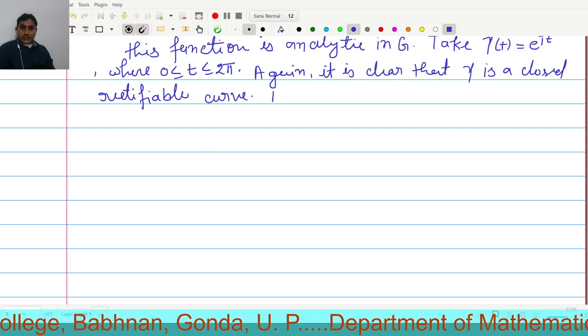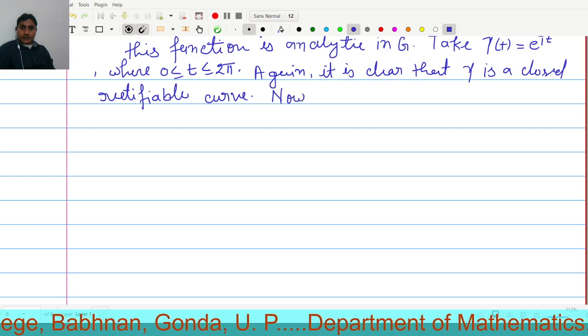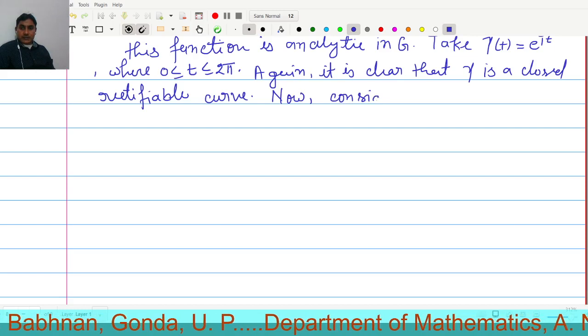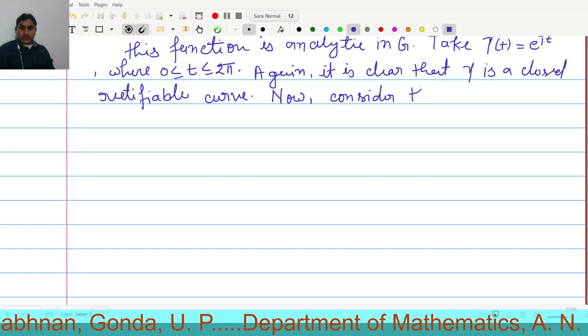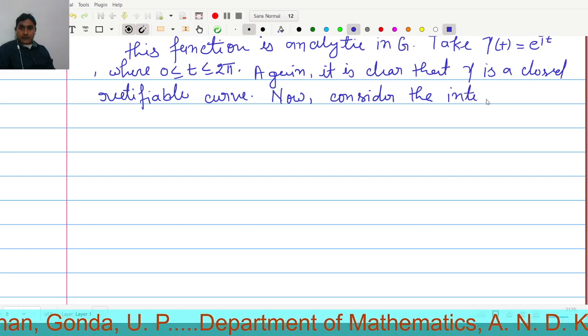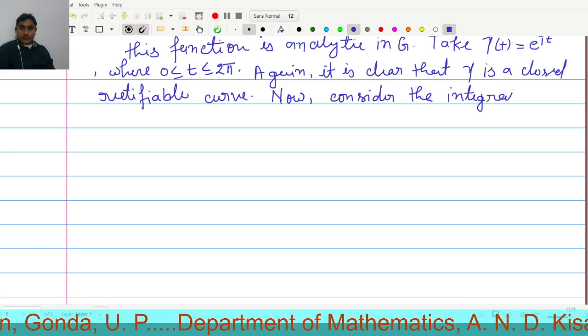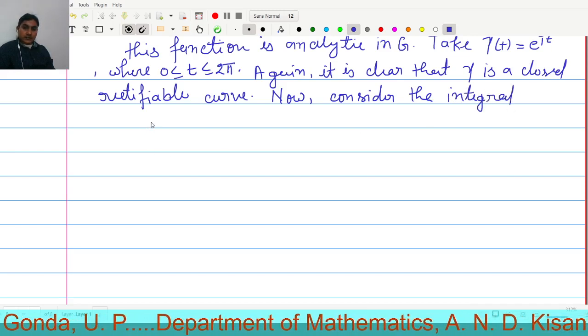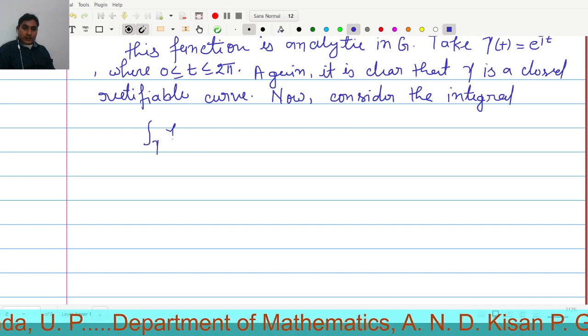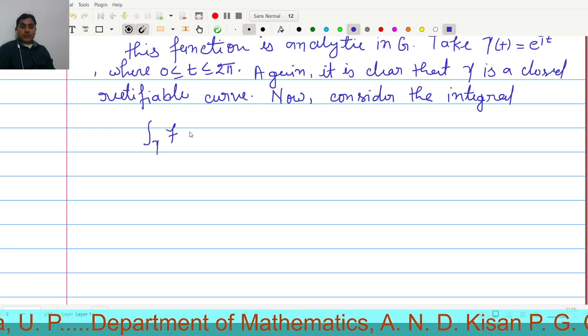Now consider the integral of f about gamma.